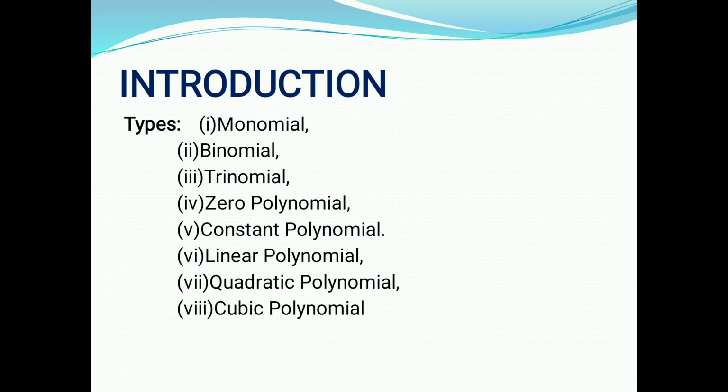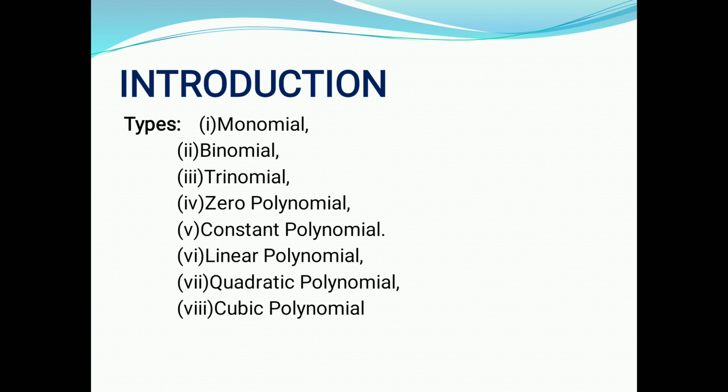Constant polynomial: polynomials which have only a constant term or numeric values are called constant polynomials. For example, 2, 3, 4, etc. Linear polynomials: those polynomials which have degree 1, that is power 1 on the variable.